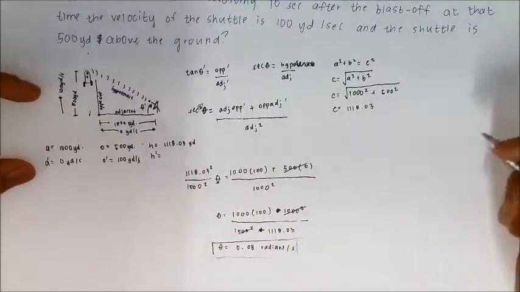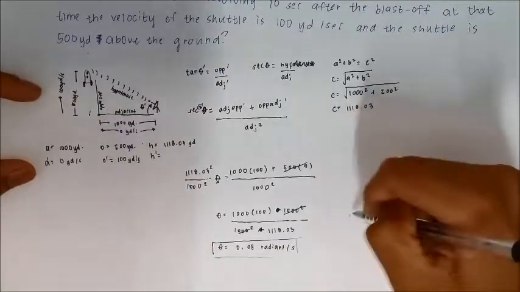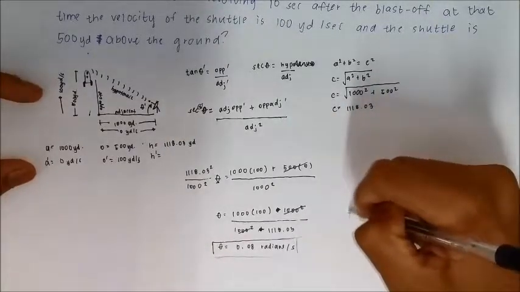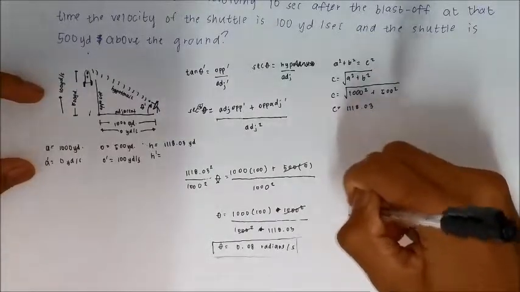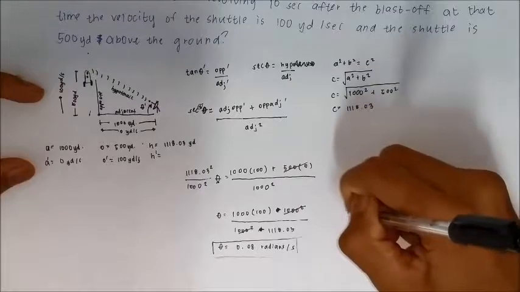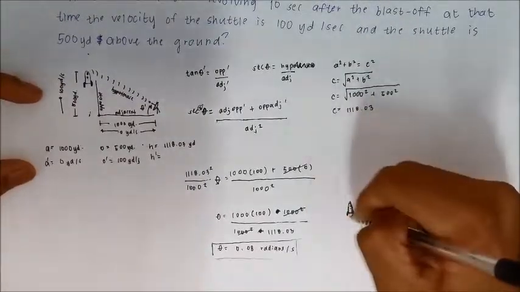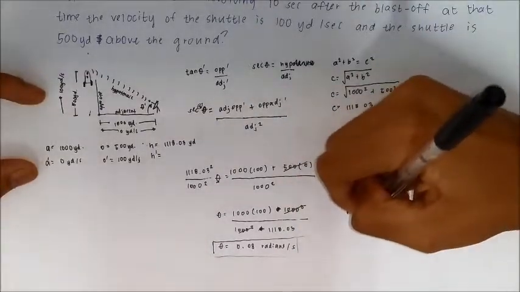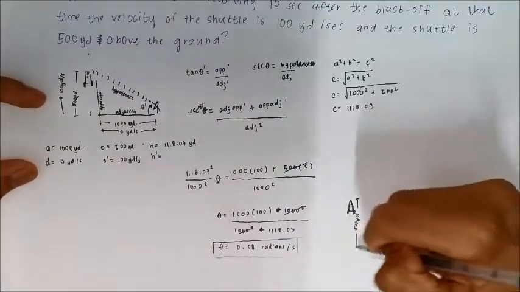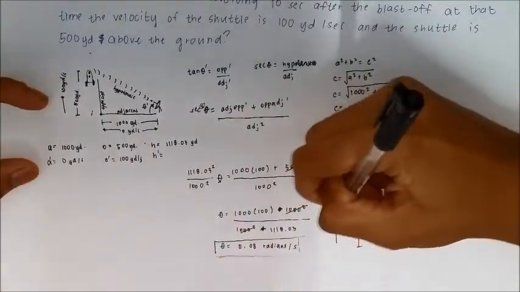Now I'll draw the updated image. Okay, so we have the rocket, and it's 500 yards high, and it's rising at a rate of 100 yards per second.